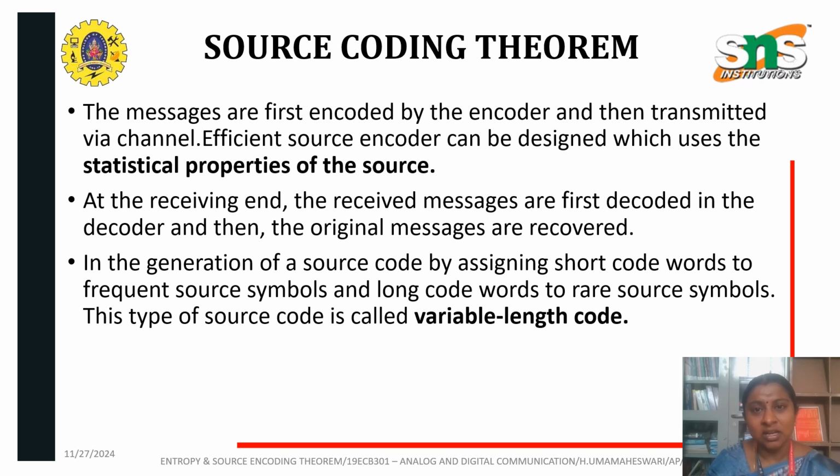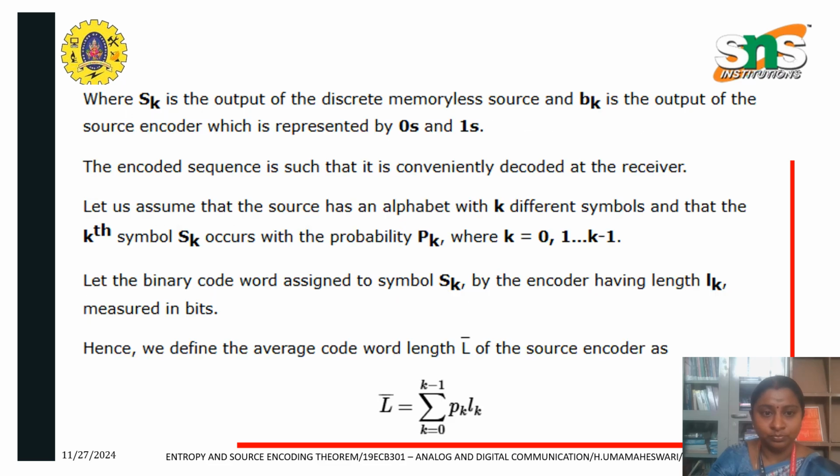At the receiving end, the received messages are first decoded in the decoder and then the original messages are recovered. In the generation of a source code, short code words are assigned to frequent source symbols and long code words to rare source symbols. This type of code is called a variable length code.